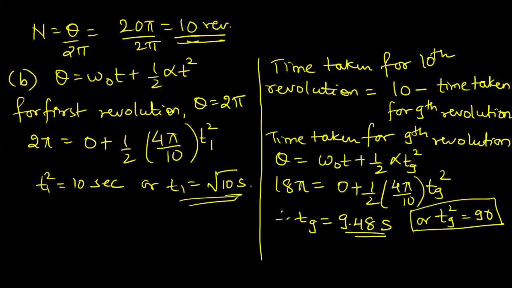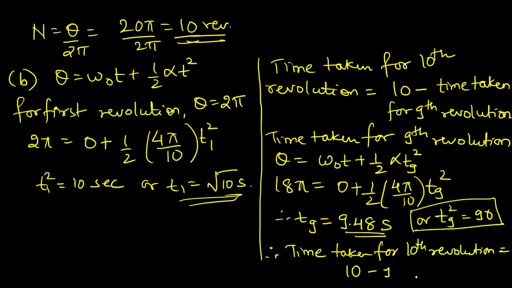When you take the square root of 90, you get 9.48. So the time taken for the ninth one is 9.48 second. Therefore, the time taken for the last revolution, the time taken for the 10th revolution, will be 10 minus 9.48, and when you solve this, you get the answer as 0.52 second.